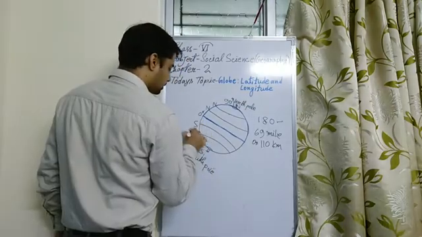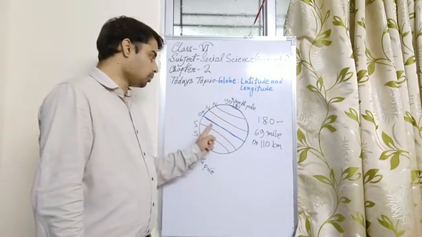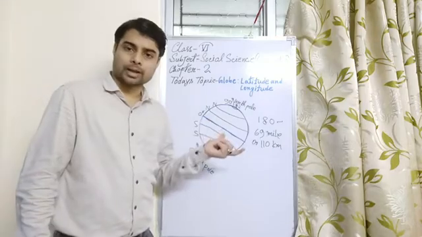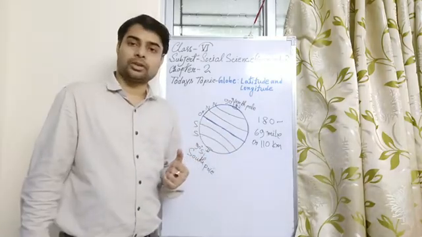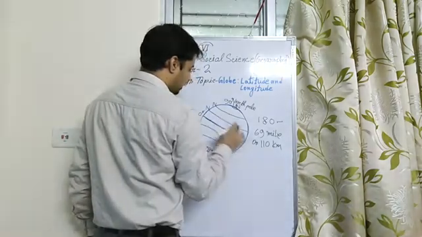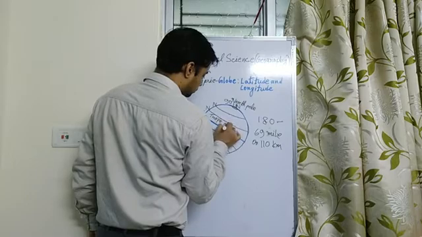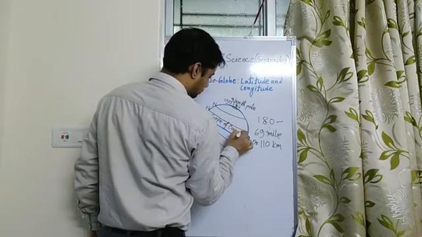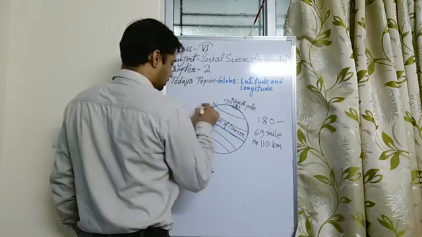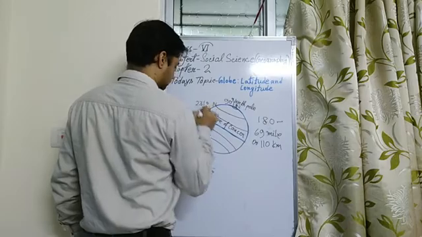So let's start. On both sides of the equator there are two parallels of latitude. The first one is called the Tropic of Cancer, and it is 23.5 degree north.